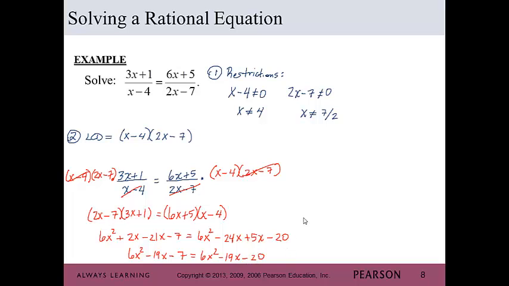Okay, so we have 6x squared minus 19x minus 7 equals 6x squared minus 19x minus 20.